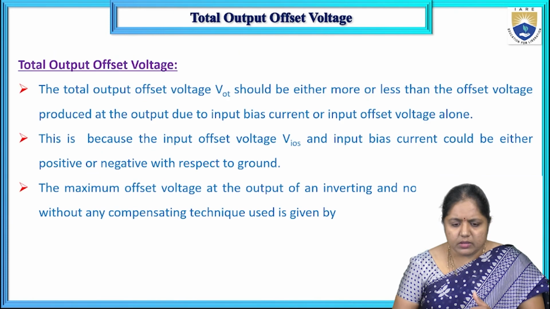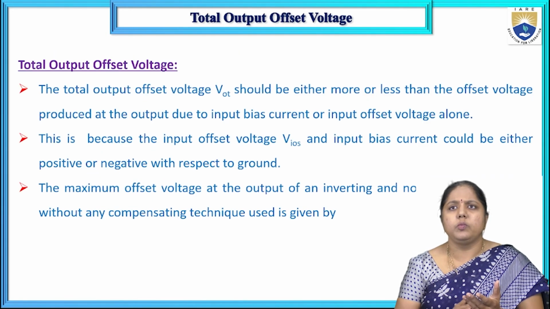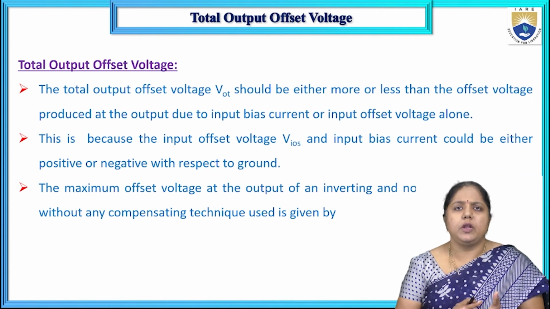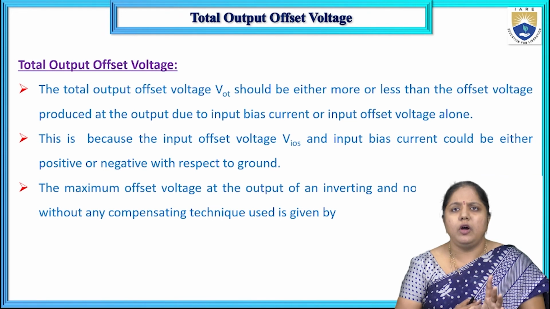So let us see the next property, the total output offset voltage. What is the total output offset voltage? This total output offset voltage is nothing but the output voltage due to the input bias current and input offset. We are having two offsets, the input offset voltage and the input offset current.